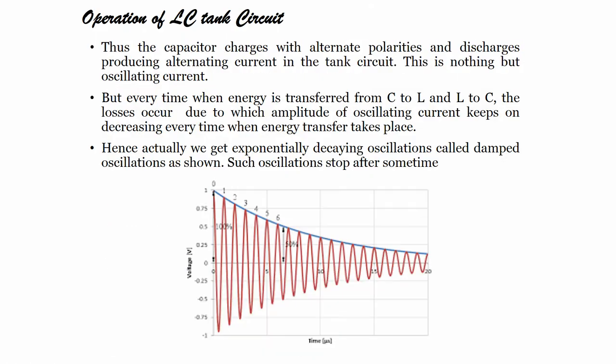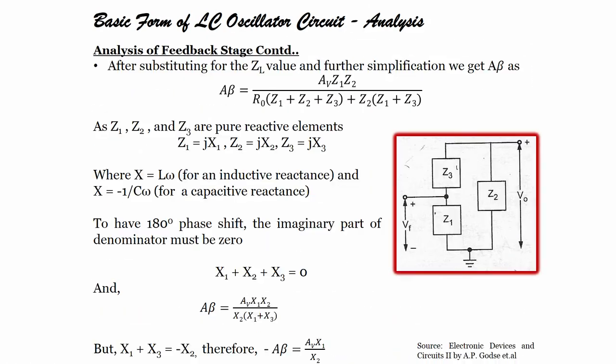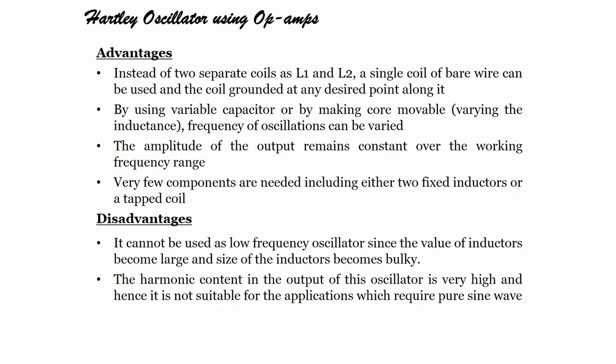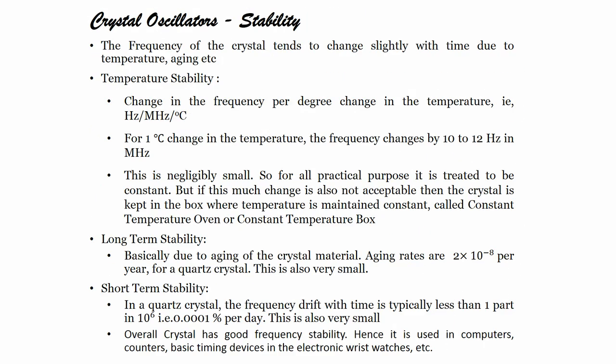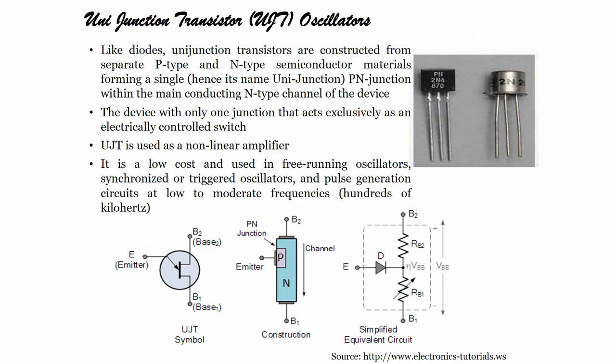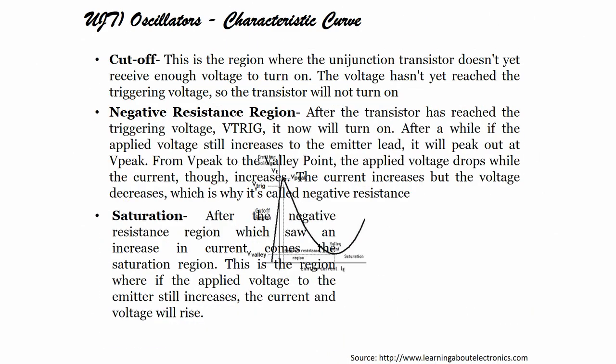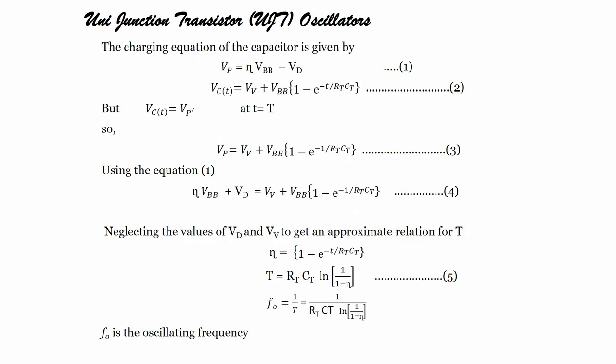We have then seen what are the crystal oscillators, and what are the kinds of crystal oscillators that can be used. We have also seen how the stability factor affects the crystal oscillator. If you recall quickly, Hartley oscillator we have seen, crystal oscillators we have seen, then we have seen UJT oscillators and its characteristics curve.